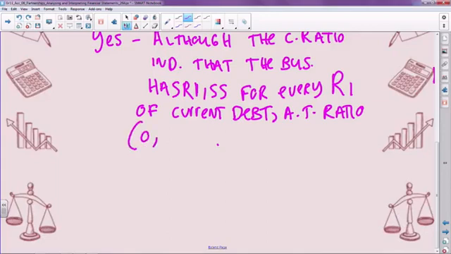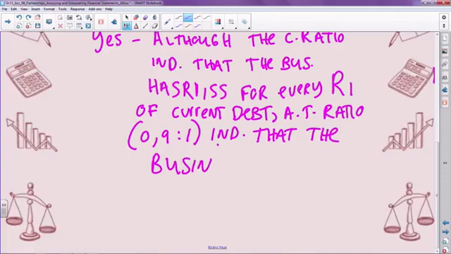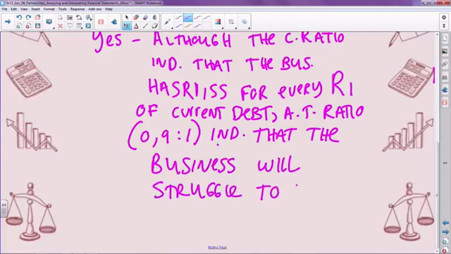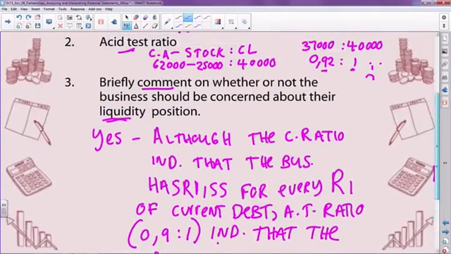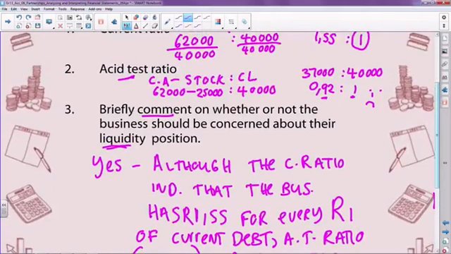Remember, it was 0.9:1, indicates that the business will struggle to pay short-term debt. Okay, right, that's what these ratios have indicated. Okay, right, guys, let's now move on.